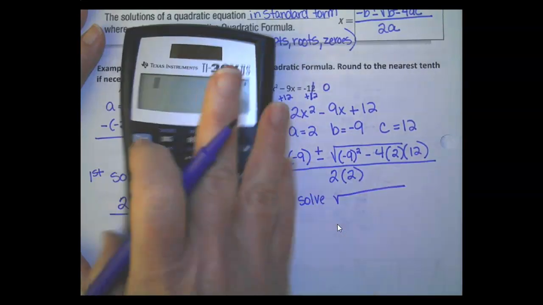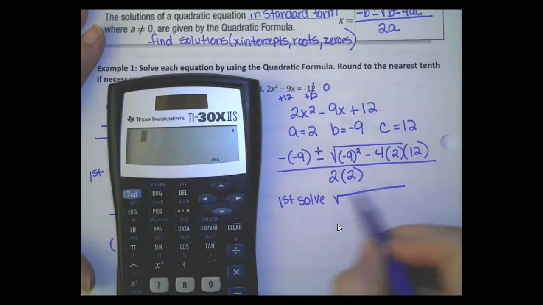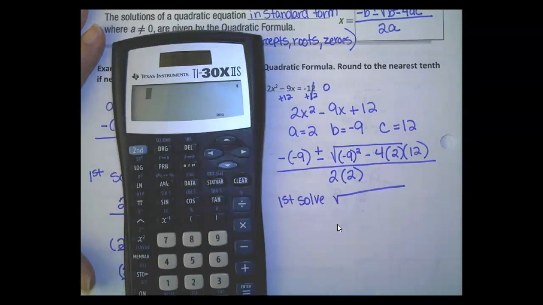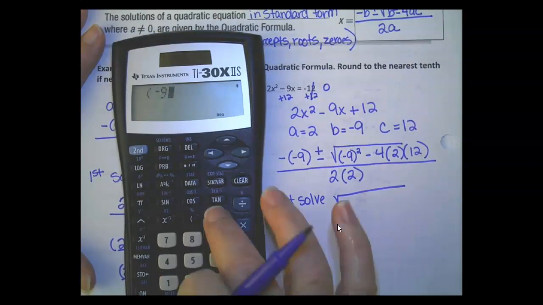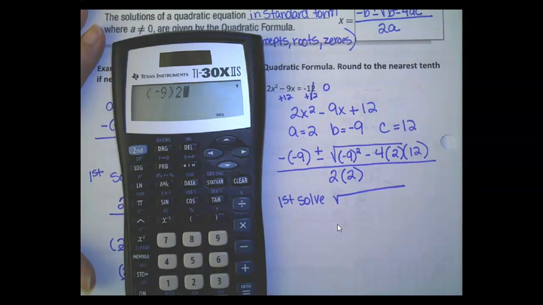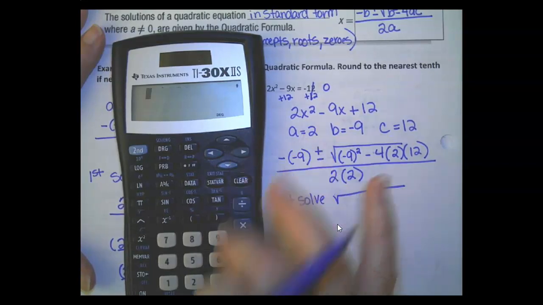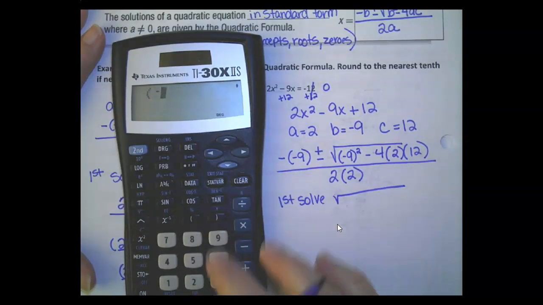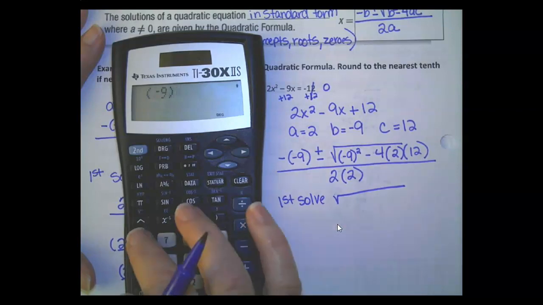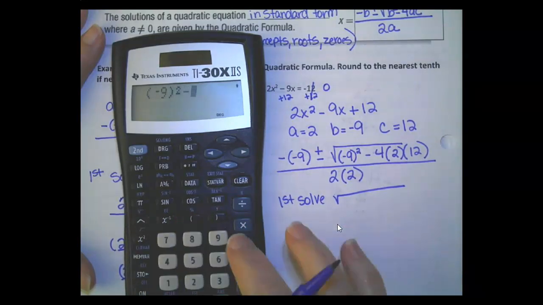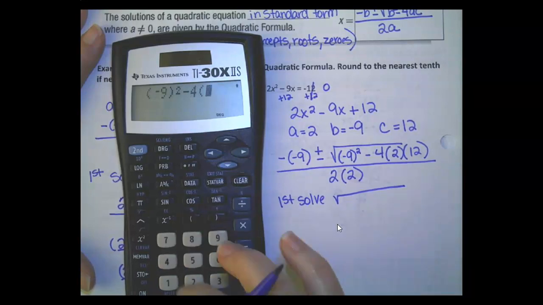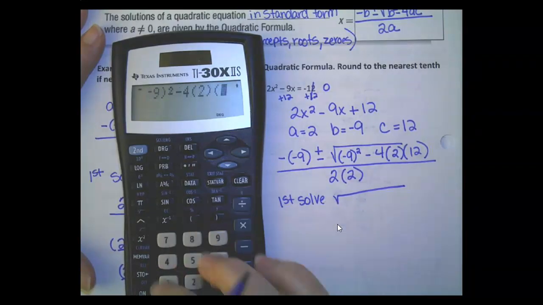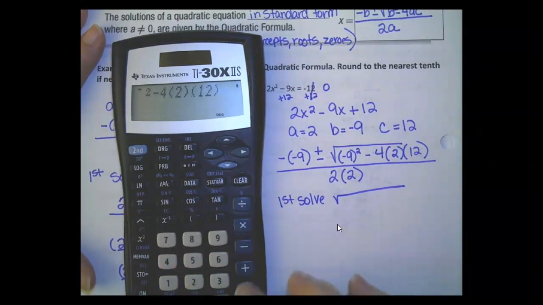If you get a domain error, let's solve it without the square root. So let's just do parentheses -9 squared, and remember this from last year. So -9 squared minus 4 times my A times my C. I get a -15.